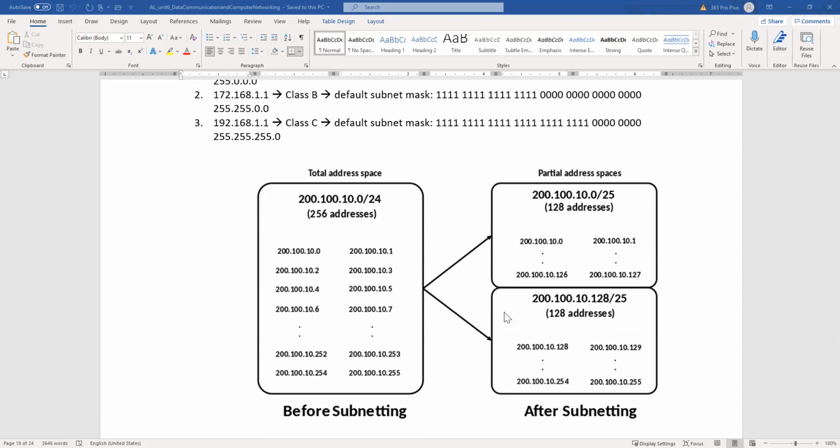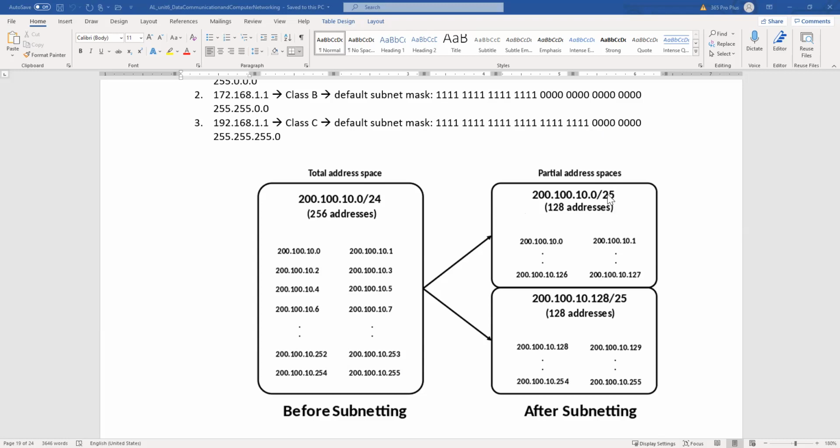So when you divide this network into 2, what happens is the 256 divides as 128 each. Simply, what we are going to do is borrow 1 bit from the host bits and take it as a network bit. That's why the subnet becomes /25 here.